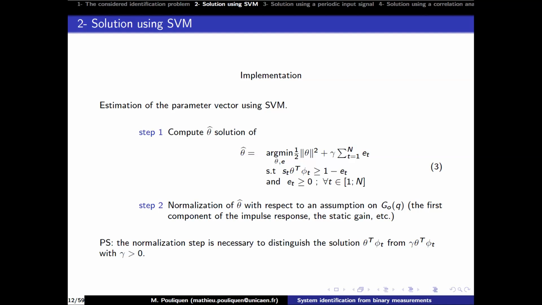We have to normalize the estimated parameter vector with information about the system, for instance, the static gain, or the first parameter of the impulse response. There are several assumptions on normalization. All of these assumptions are equivalent.